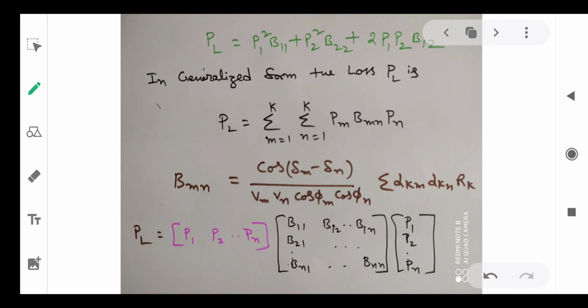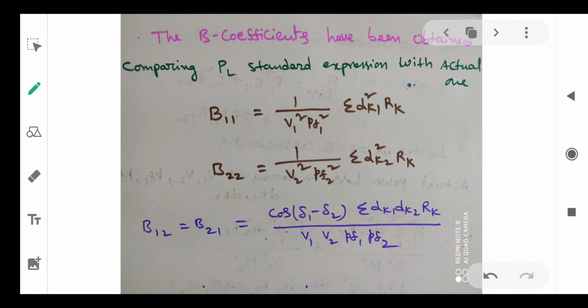So therefore, by substituting the m and n values, we can obtain B11, B22, B33, similarly B12, B13, like that. For example, for 1 1, delta 1 minus delta 1 is 0, cos 0 is 1. So 1 by V1 square.